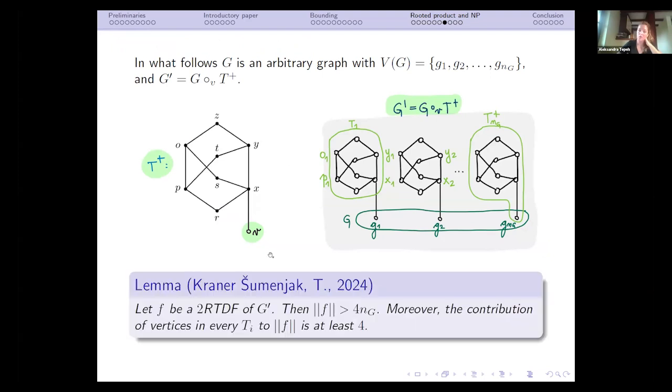Then we observed that if F is any two-rainbow total dominating function of this structure, then its weight is at least 4 times the number of vertices in G, for the contribution of these green balloons, these upper parts here, is at least 4. This is also something that we really needed in the sequel.